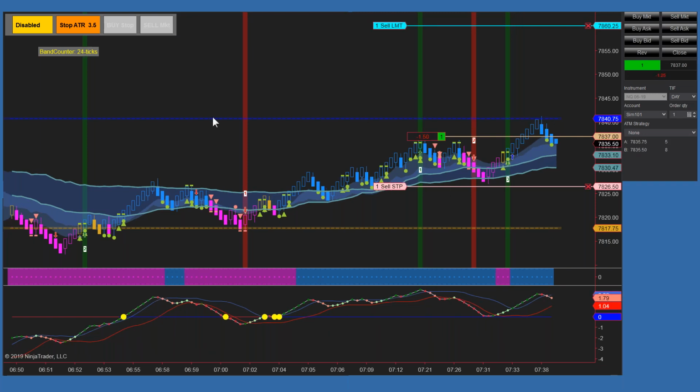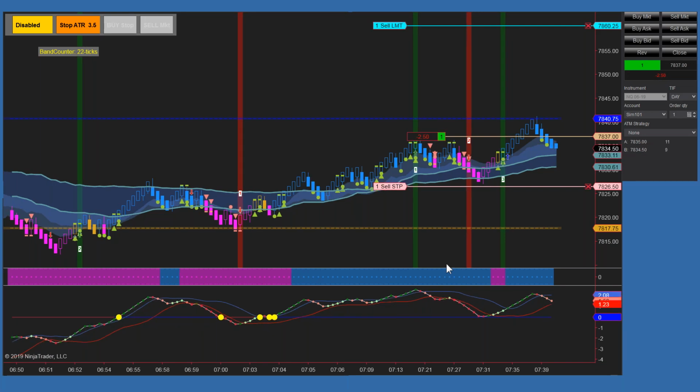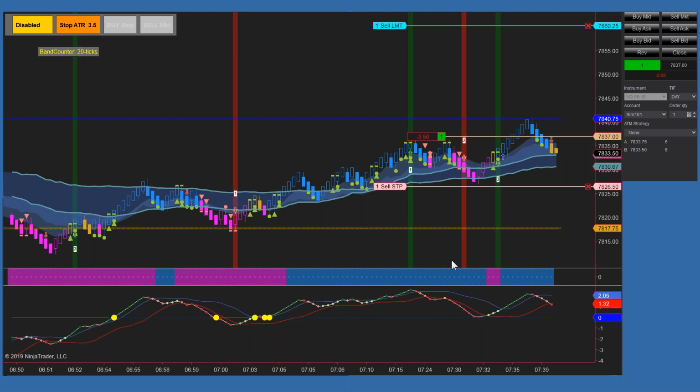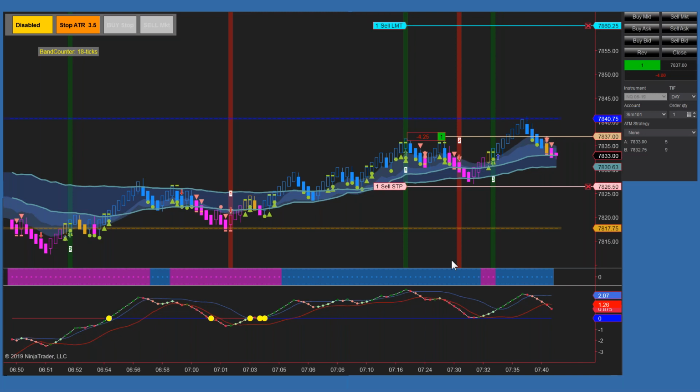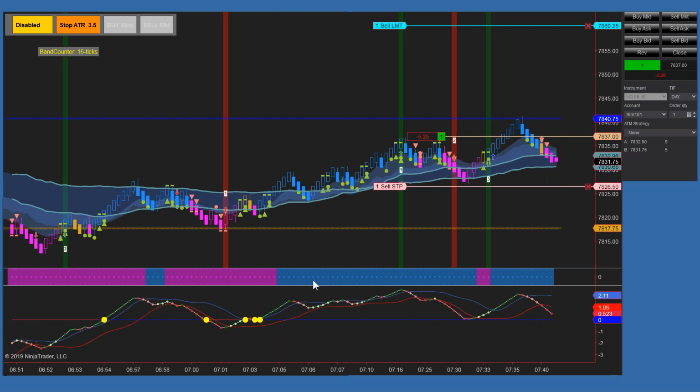Look at that, right off of that primary resistance line. So you can see we've got the trend line aligning with the hard edge.